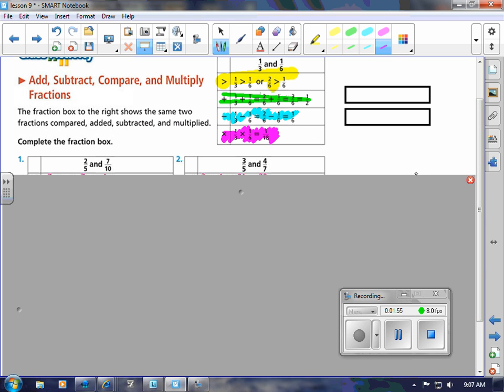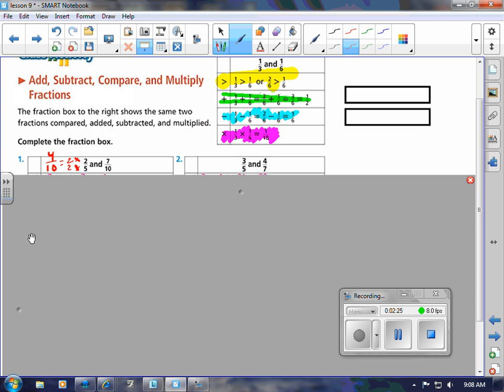First, we're going to compare. In order to compare 2/5 and 7/10, I need to find a common denominator. I should notice right away that my common denominator for these is going to be 10. I know that whatever I do to the denominator, I've got to do to the numerator. I'm going to multiply times 2 in order to get fifths to tenths, and I should find that I get 4/10. Now that I've got 4/10, I can compare 4/10 to 7/10.